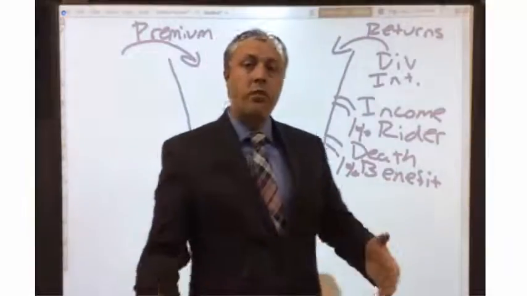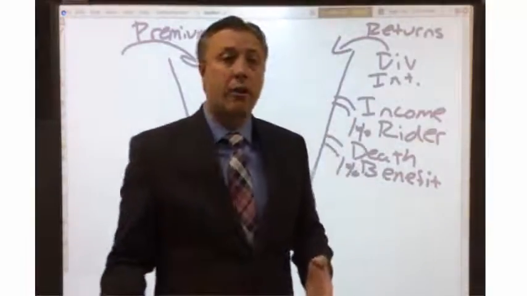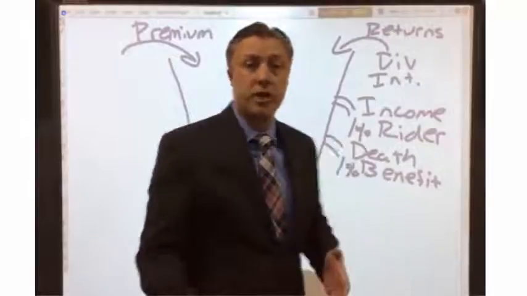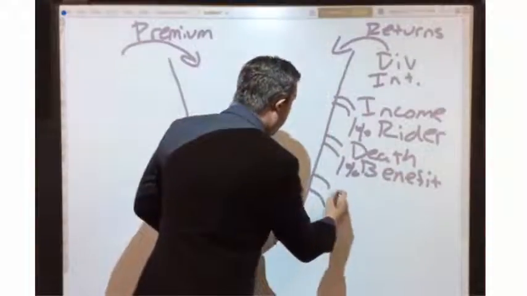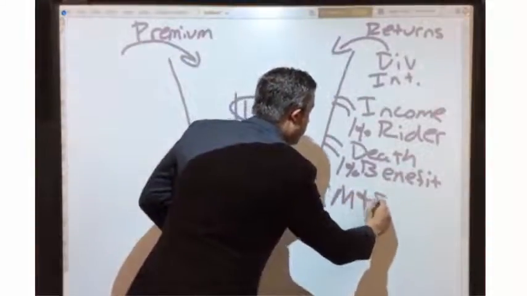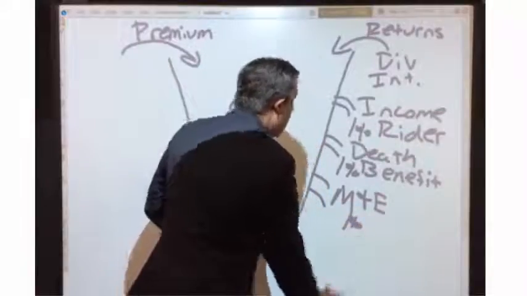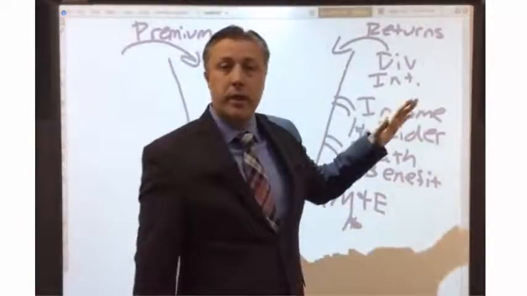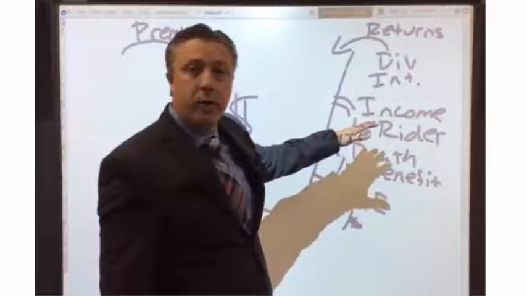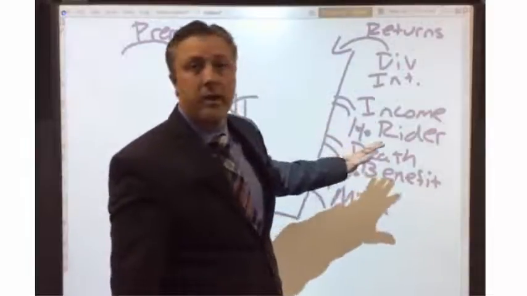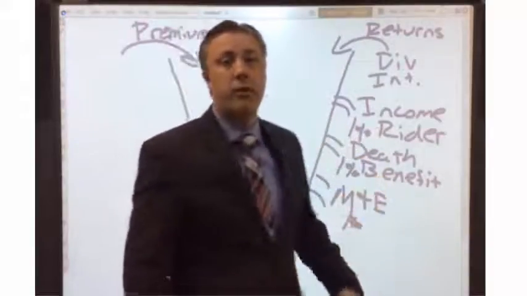And of course, most variable annuities, if not all, have what's called a mortality and expense charge, and that's usually around 1% as well. So right out of the gate, before we even get started, we're paying 1% for an income rider, potentially 1% on a death benefit rider, and then we've got 1% on a mortality and expense charge.